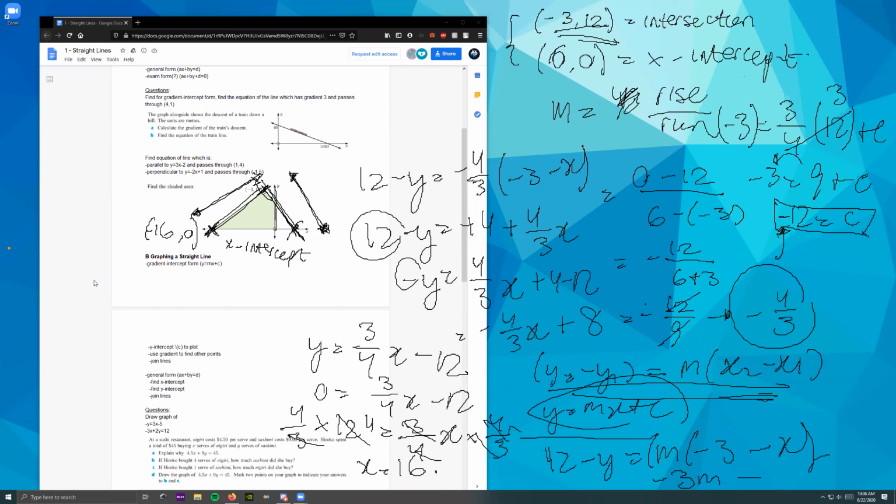Did I do something wrong here? It's 4 over 3. Okay, there's nothing wrong with the minus 4 over 3 part, since minus 4 over 3 is supposed to be for this gradient.